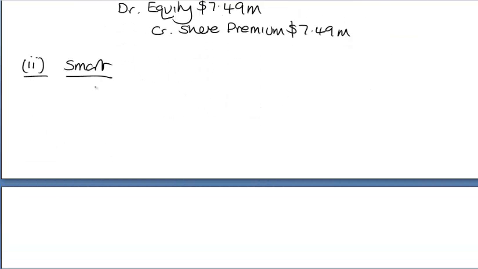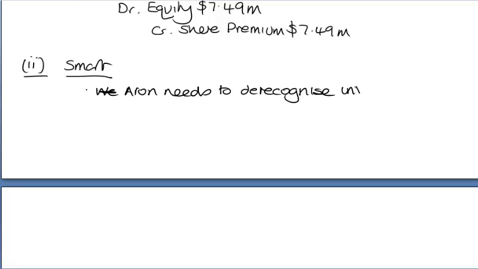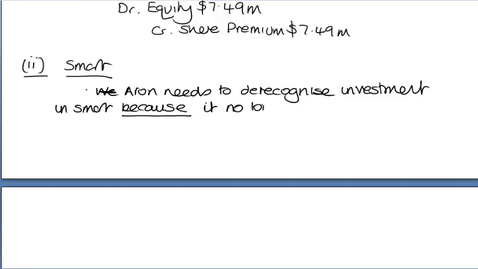So what we would say here is that Aron needs to de-recognise the investment in Smart because it no longer has the risks and rewards of ownership.